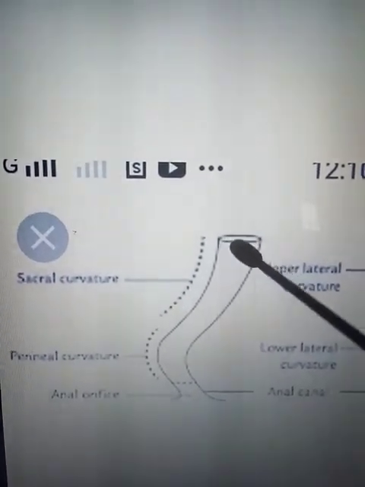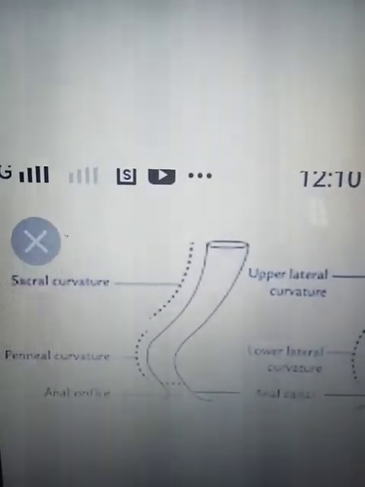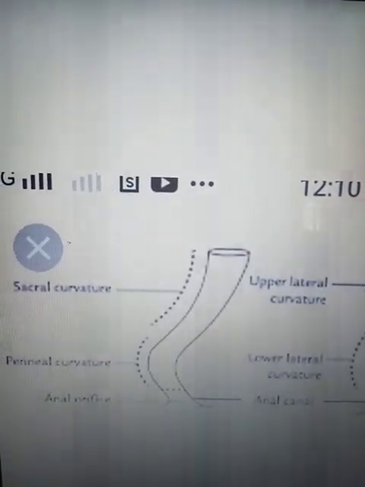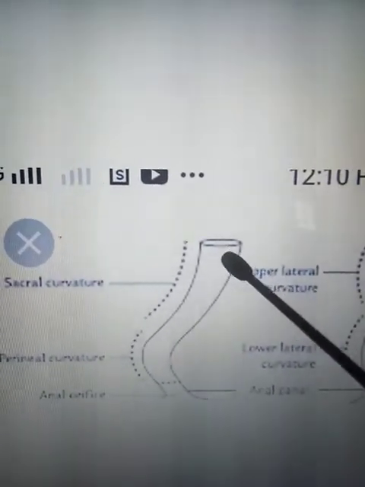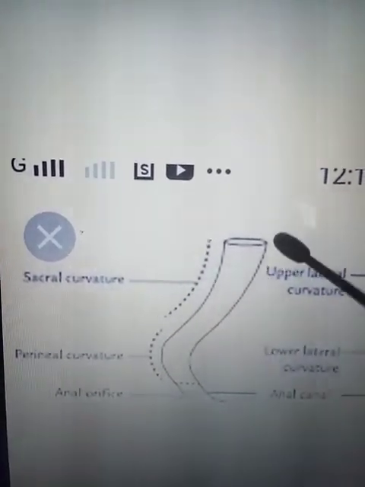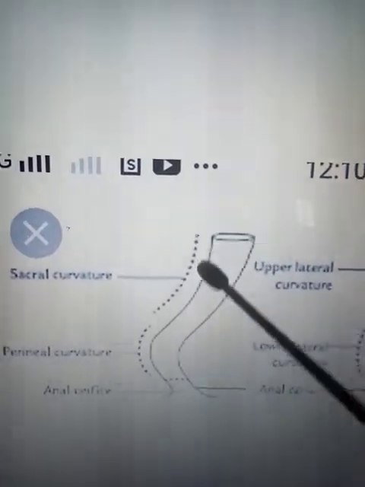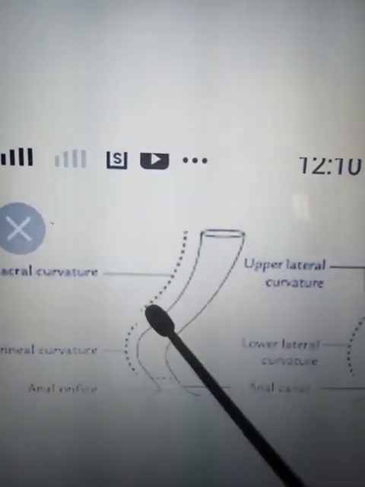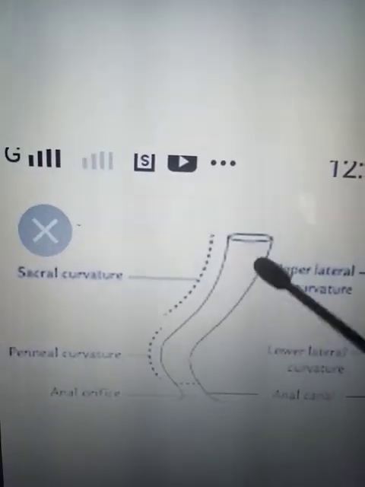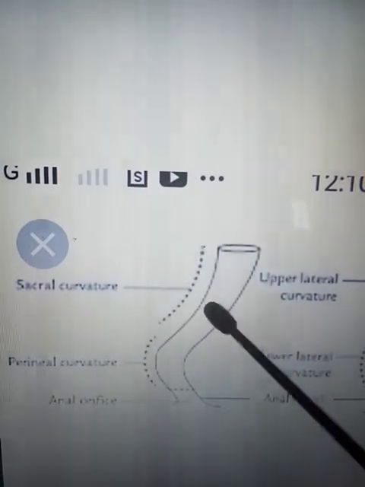You have the lower three sacral vertebral bodies behind your rectum. In order to adjust to the concavity of the sacrum, the rectum gets this sacral curvature.